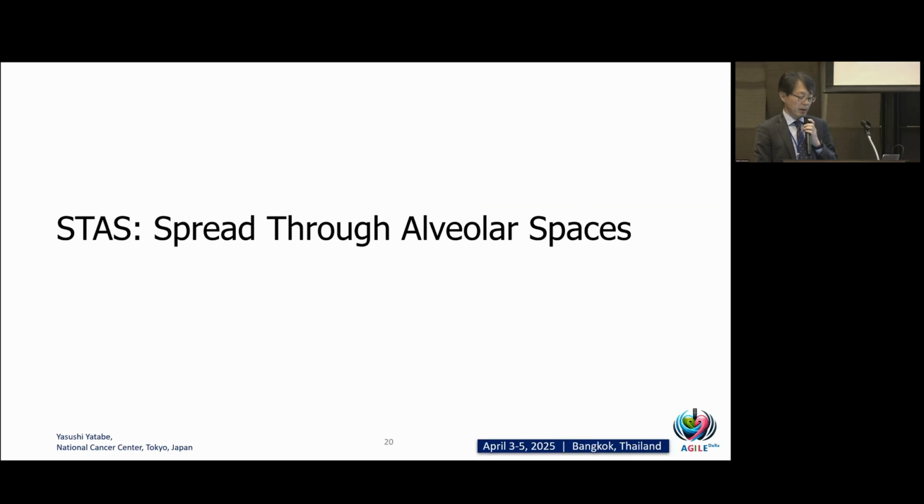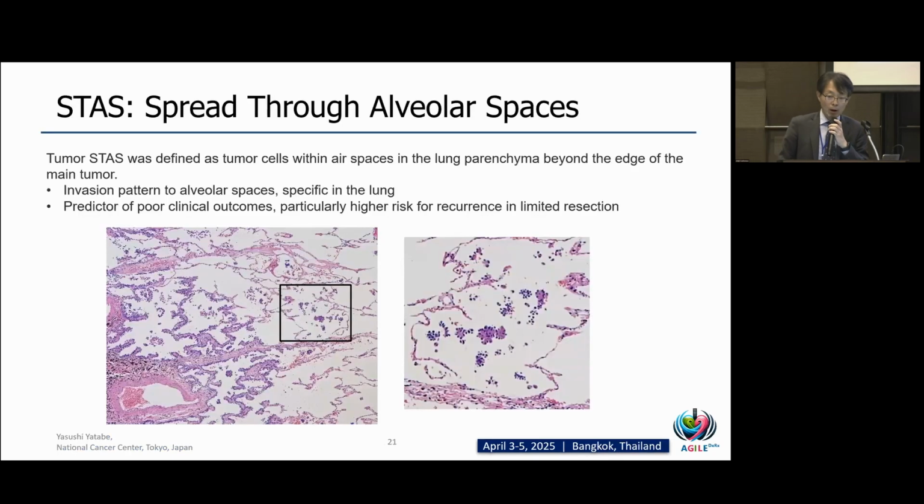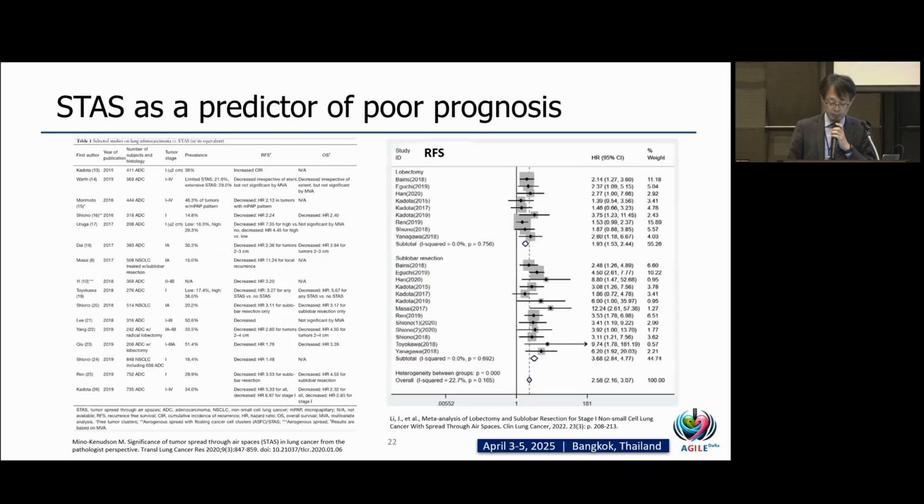Lastly, I'd like to touch on spread through air spaces. You may know that STAS is one of the invasion patterns into the alveolar spaces. Because the lung is the only organ which has alveolar spaces, this STAS invasion pattern is recognized only in the lung. It has been repeatedly reported as a predictor of poor prognosis, especially higher risk for recurrence in limited resection.